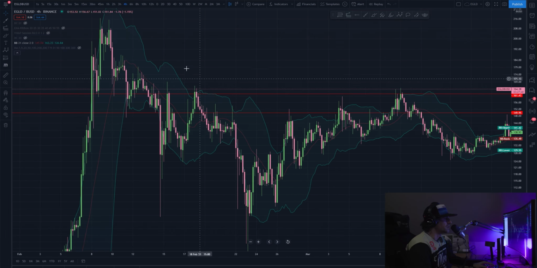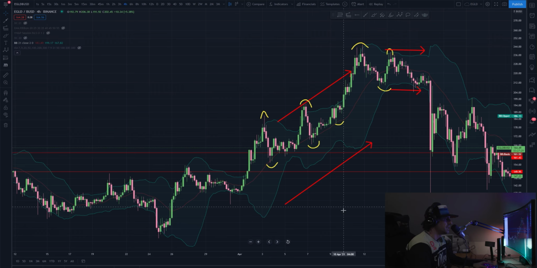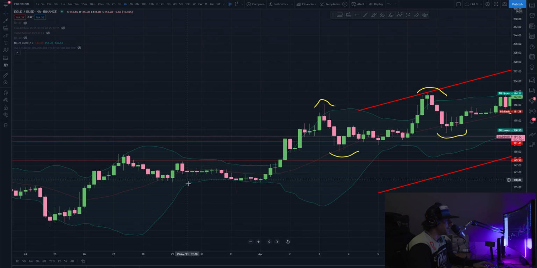I'm going to show you here, up high, and we came down here, and you see the Bollinger Band here was stabilizing, going up, but no. This was an accumulation period here.